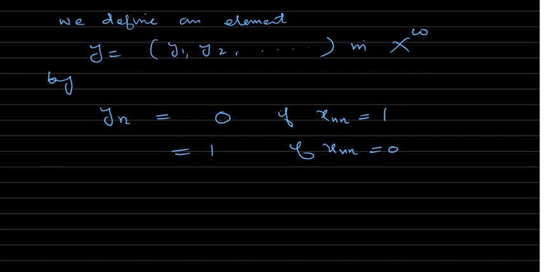So then obviously this y is in X power omega because it has only two entries, 0 and 1. It's an infinite tuple with entries 0 or 1.